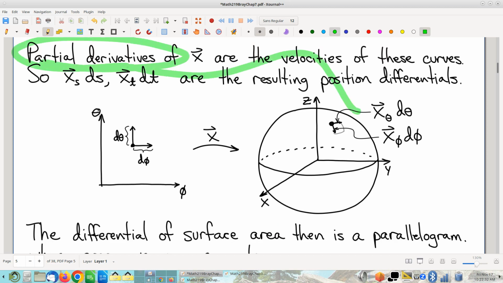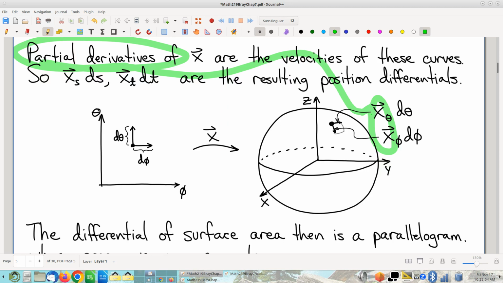These partial derivatives here are velocities. What happens when you have a velocity? The idea of a velocity is that if you talk about an input change of the corresponding variable, some input differential, that input differential times the velocity gives you the output differential. Straight out of chapter 2.